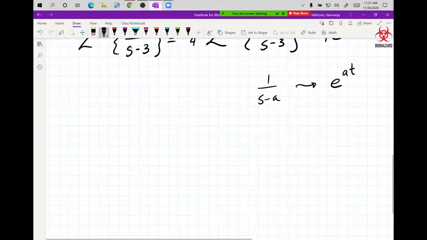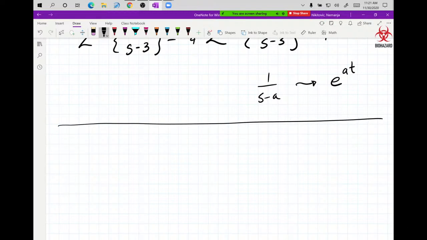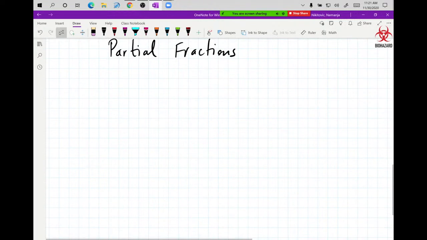The second part is more interesting, where we have to use partial fractions. And generally, this is the one that you use most of the time, because you have different situations. Let's see over here.